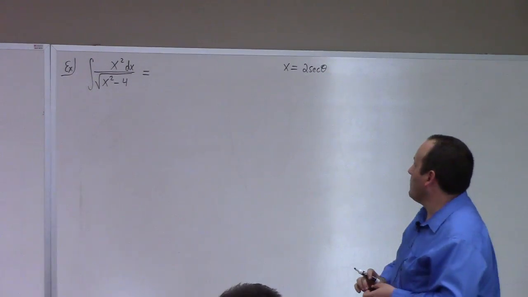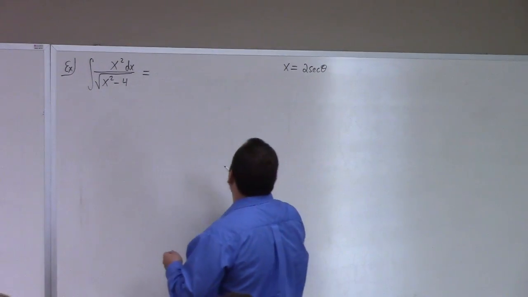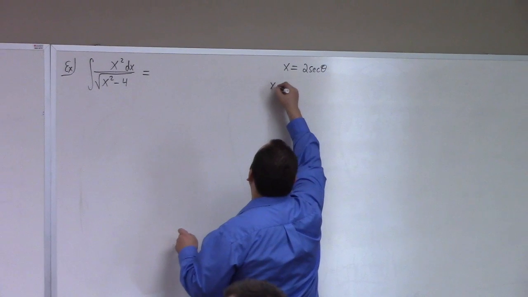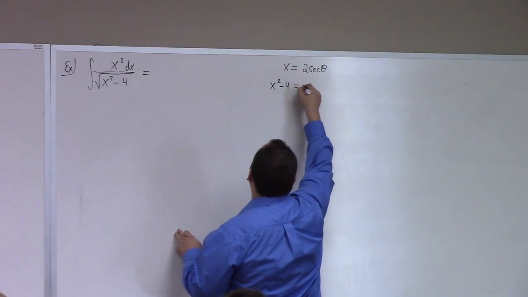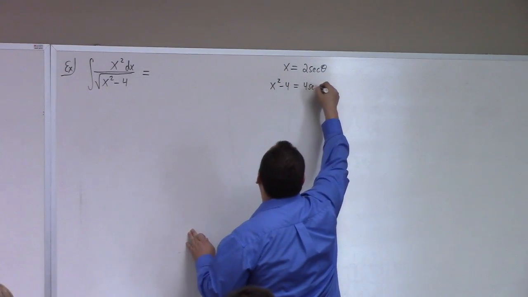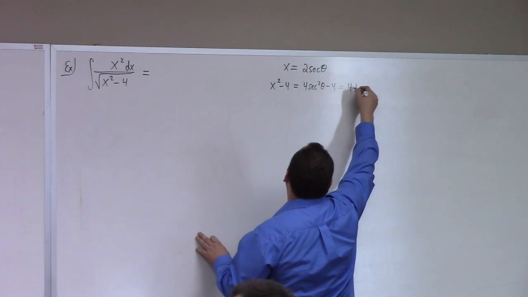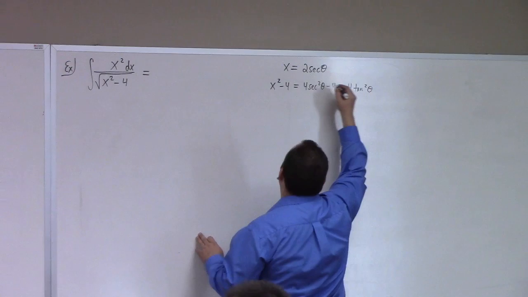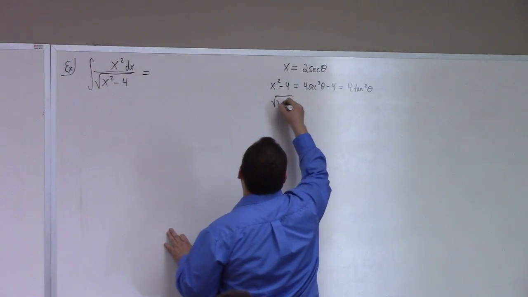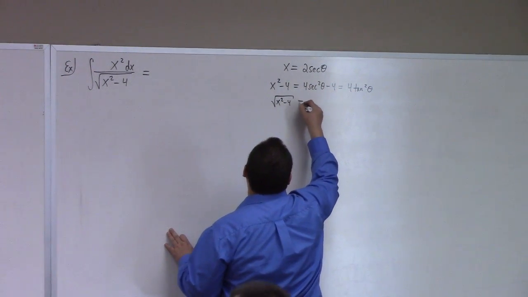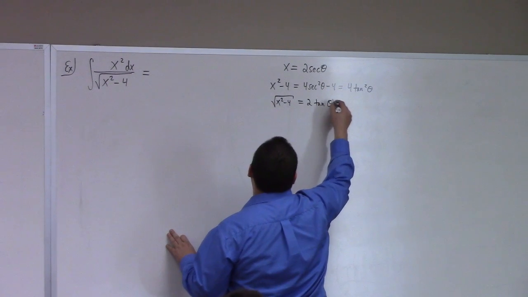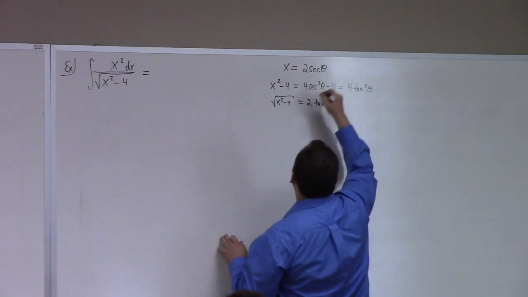All right, so with that substitution, x squared minus 4 is equal to 4 secant squared theta minus 4, which is, by the way, 4 tangent squared theta. And so the square root of x squared minus 4 is just 2 tangent theta. Well, that's nice. What's dx?